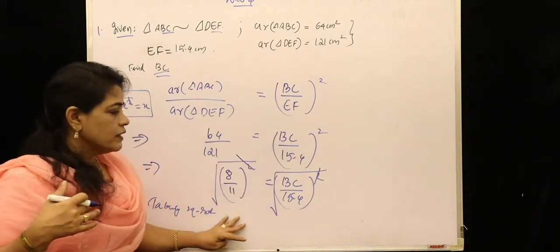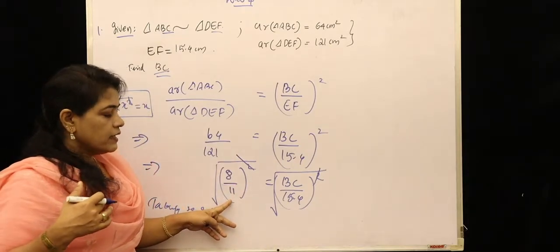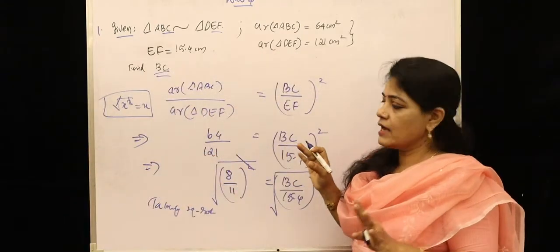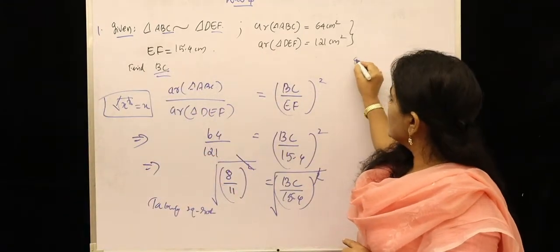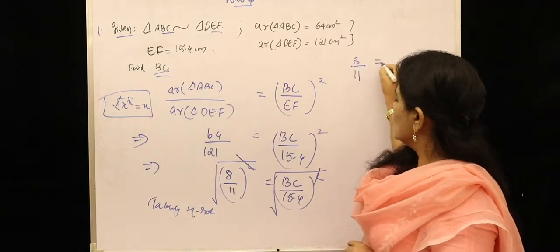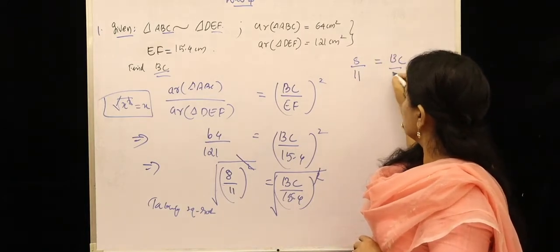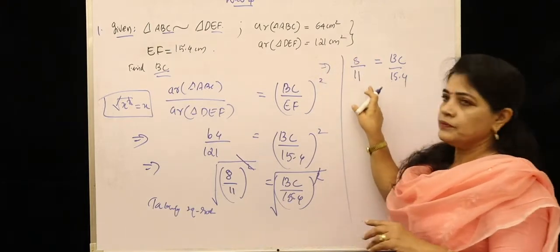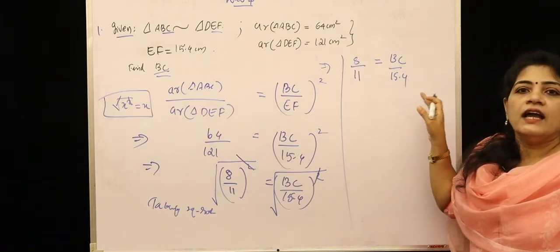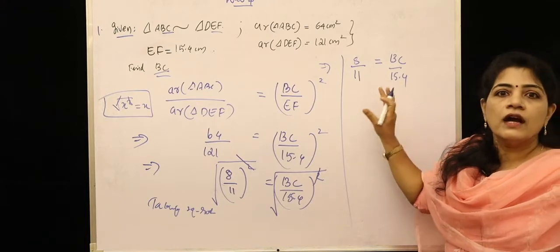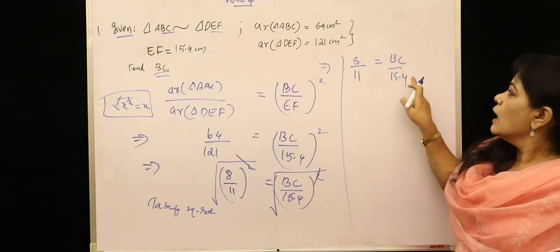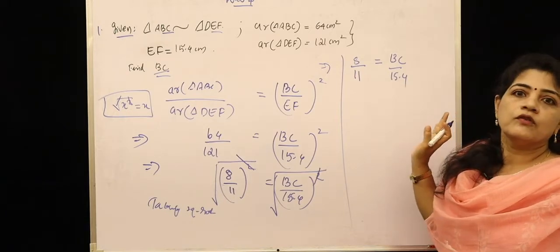So in the next step, you can write the square root of 8 by 11 whole square, that gets cancelled, and it becomes 8 by 11 equal to BC by 15.4. This step is clear, children? On both sides I have taken the square root. So we now have 8 by 11 equal to BC by 15.4.